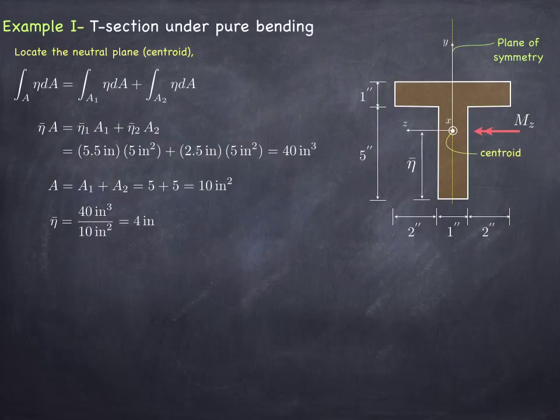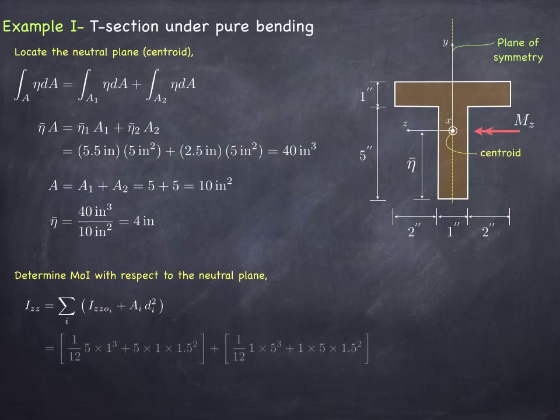Now that we know where the origin is located, we can then determine the second moment of area relative to this z-axis. I'm going to be using the parallel axis theorem, and I'll chop up again my cross-section into two parts, the flange and the web, and use the formula to compute the terms. So let's take a look at the flange first, the top, horizontal segment of the T section.